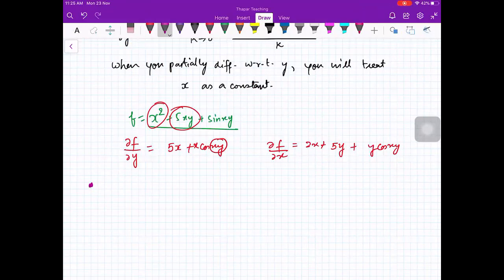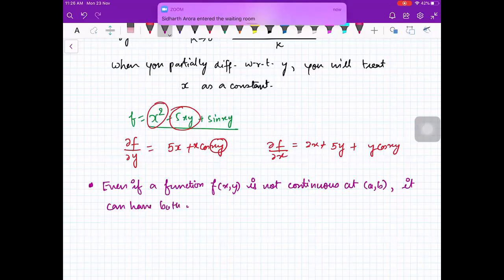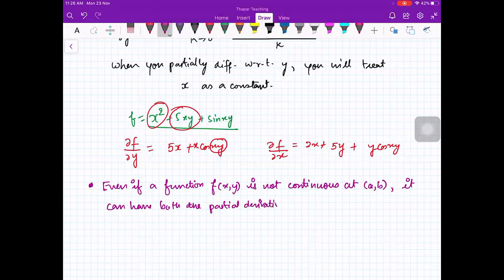But here we have seen that even if a function f(x, y) is not continuous at (a, b), it can have both the partial derivatives existing at that point (a, b). Can anybody tell me why this happens? Even if the function is not continuous, the partial derivatives may exist at that point.